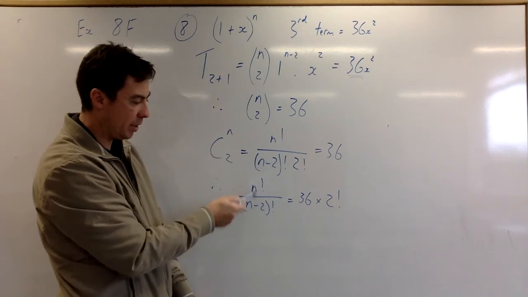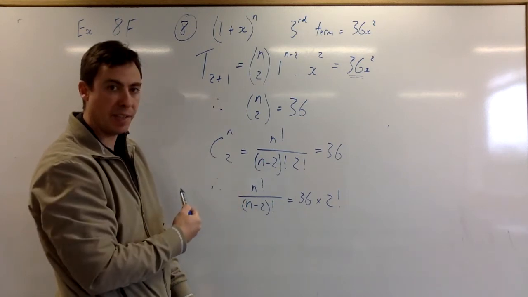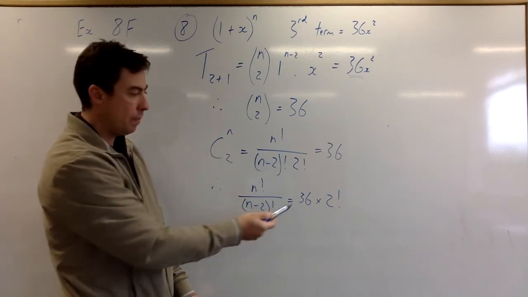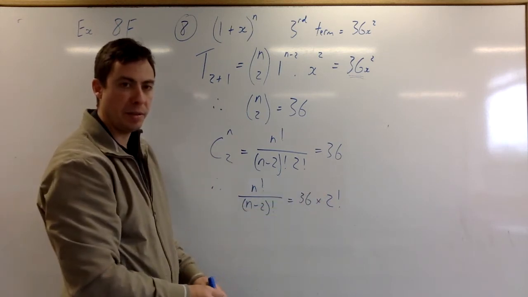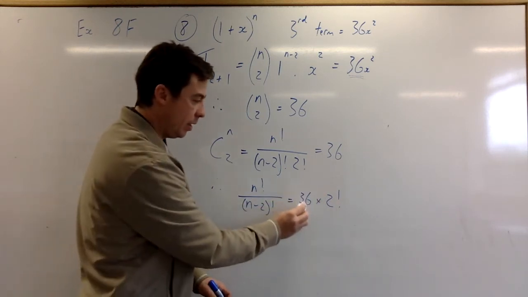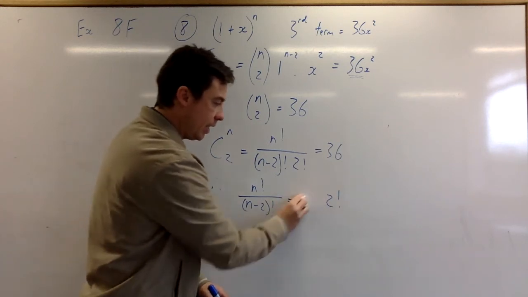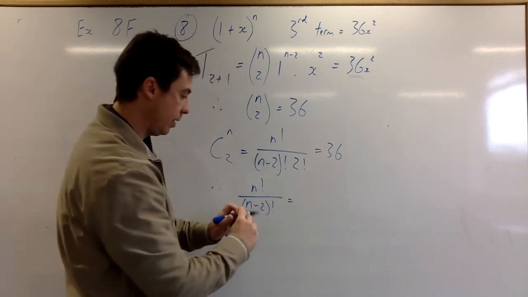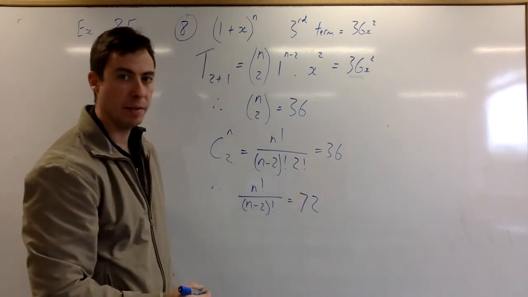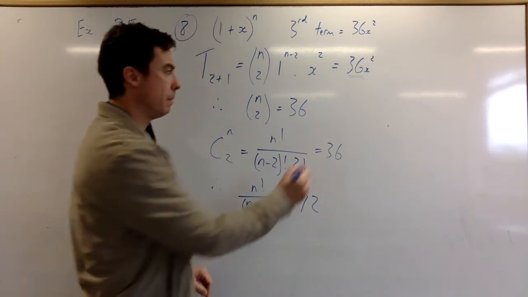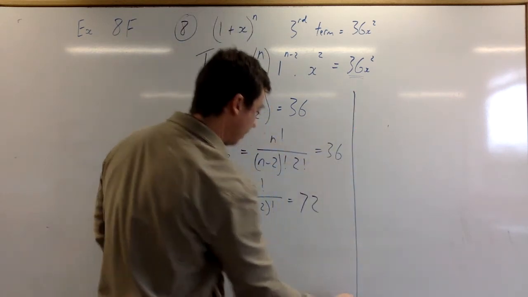So I'm just left with the n terms over here. And 2 factorial is 2 times 1. Right? So 2 times 36 is what? 72. Okay? Make a line in the sand here.